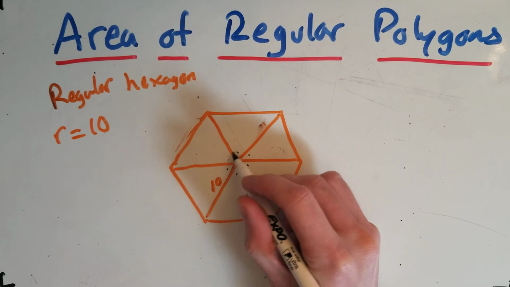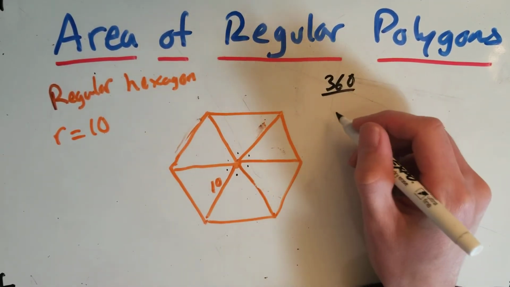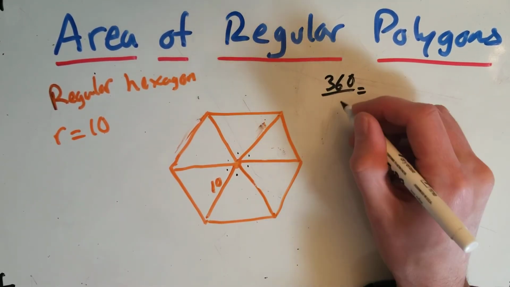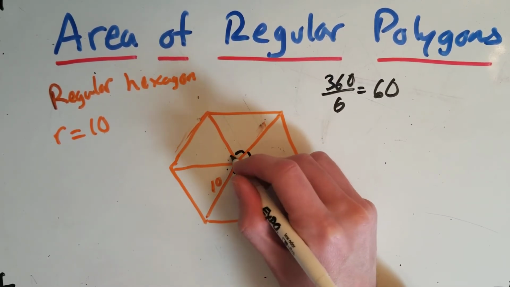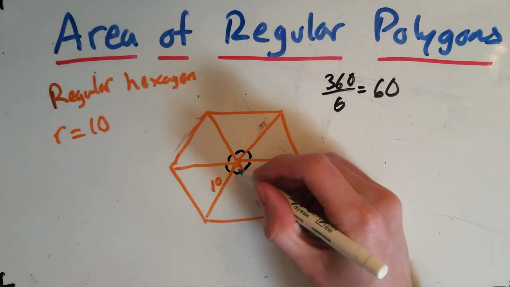So this whole complete angle is 360. Since there's 6 of them, they're all going to be congruent. The central angles in regular polygons are going to be congruent, so you divide by 6. So each one of these angles is 60 degrees. Now that can be useful. If we were to draw the apothem, draw it in right here.